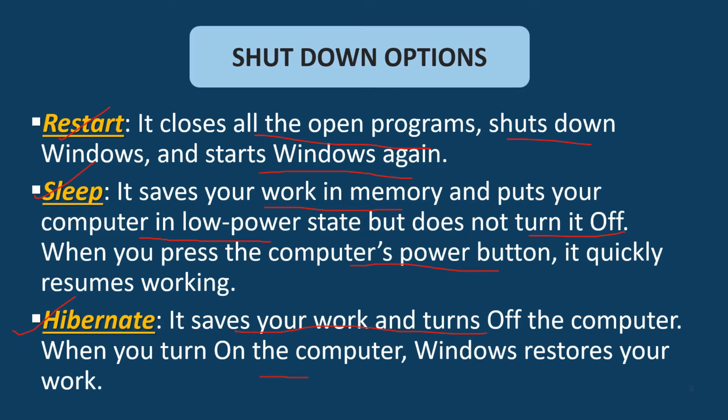But in the sleep option, it will not be shut down. Only the screen will be off, to move the computer into a low power state, and once you press the power button, it will be on again. But in hibernate, it will save your work and turn off the computer. Again, when you turn on, you can restore it.